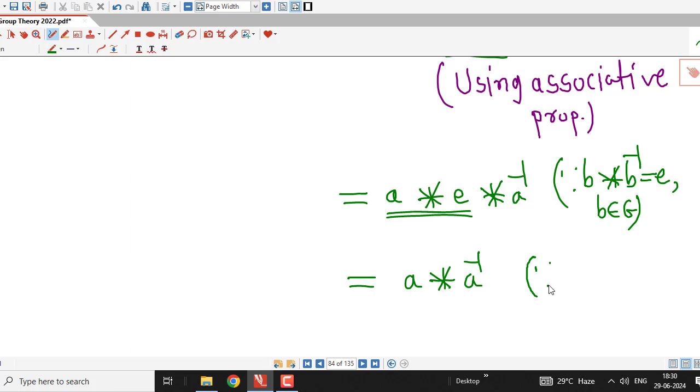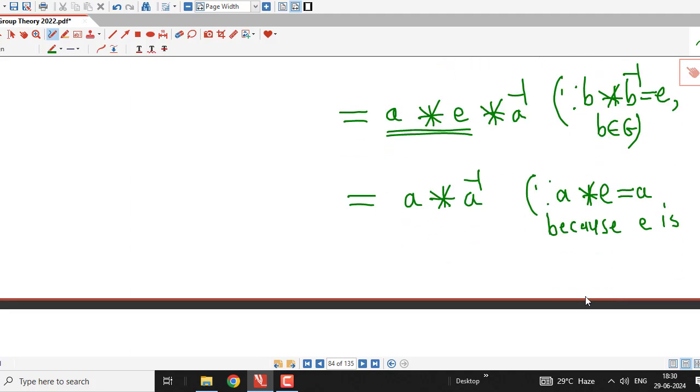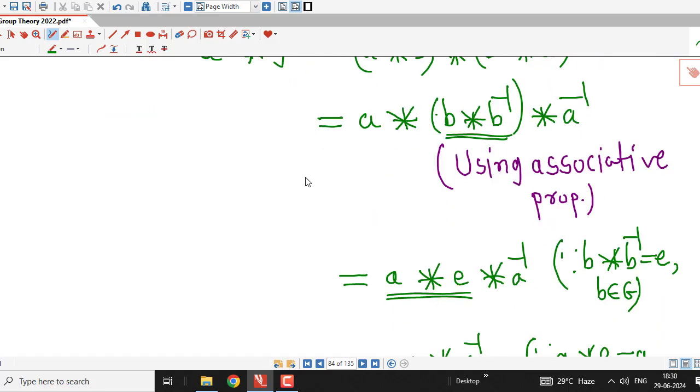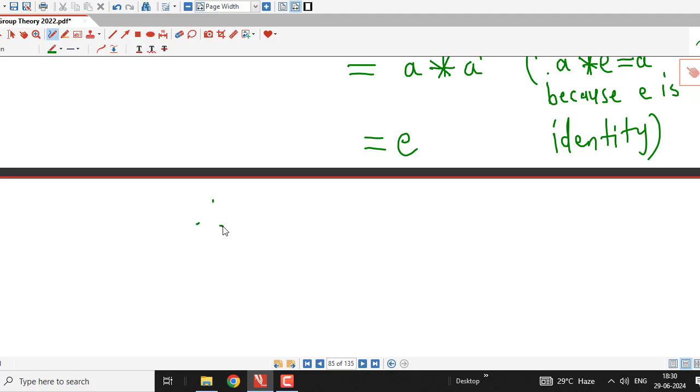So here we are using the fact that A star E equal to A, and this is because this element E is identity, and because A and A inverse are inverses of each other, this is equal to E. So what we have shown, x star y equal to E.